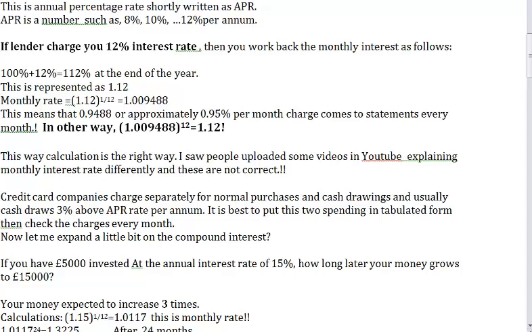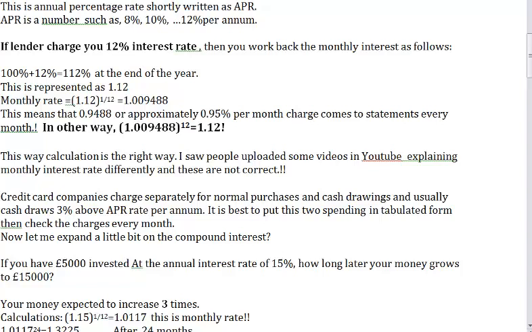I want to show you how you get the monthly rate, because I've seen in many videos here, I must really point this out. Some people say if companies are charging 12% interest per year, to find the monthly rate they just divide it by 12. It is not like that.